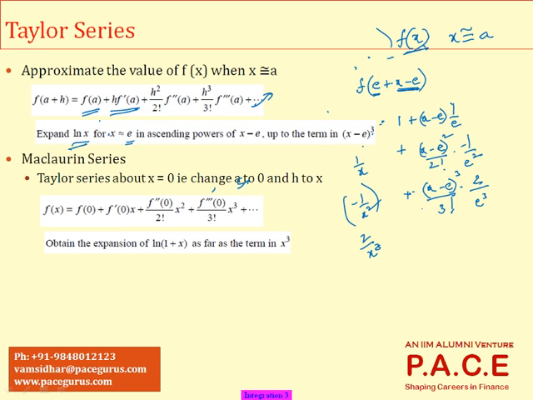So that's how you expand the value of f of x when x is approaching e. So you have to remember, when someone is asking about finding out the f of x value at the point when x equal to a, I can very well use the Taylor series approximation to find out the value of that particular function.